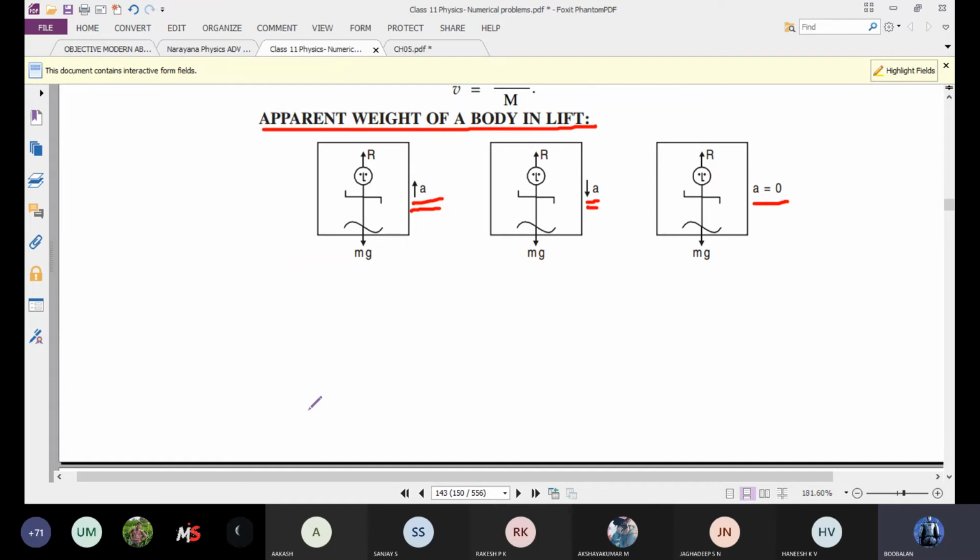Apparent weight of a body in a lift. So it is called a free body diagram.